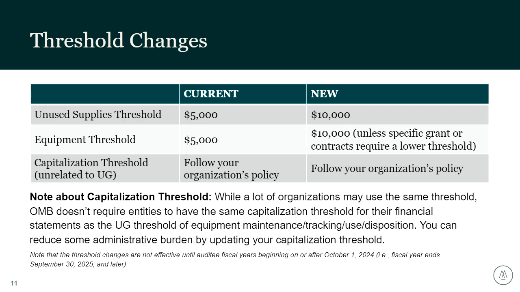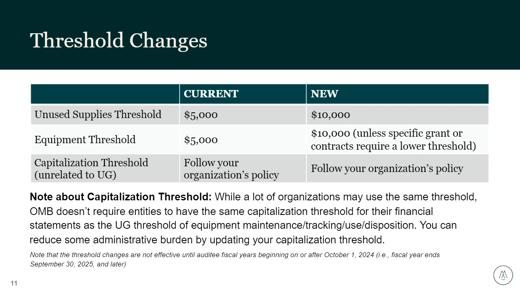So if you've been tracking $5,000 and more on all your previous grants, and now you have a new grant with a $10,000 threshold, you have to keep tracking those $5,000 and more equipment items for the time being until we get some more information or revisions to the existing guidance about this. So don't just stop tracking your equipment between $5,000 and $10,000.